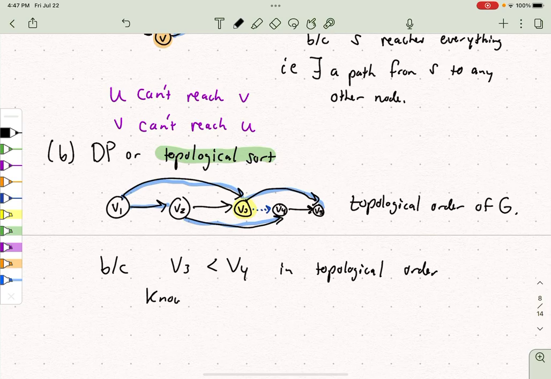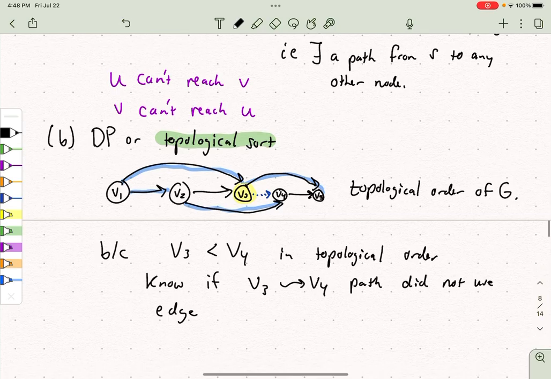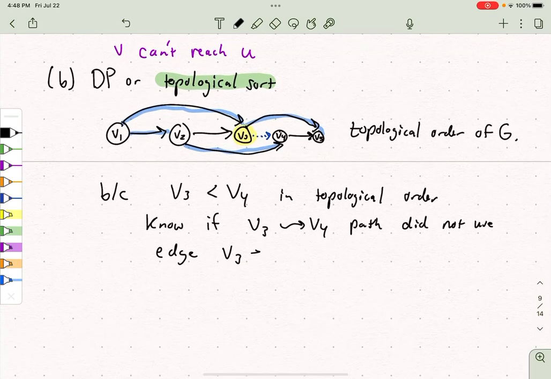we know if there was a path that did not use the edge V3 to V4, then it must follow a cycle.